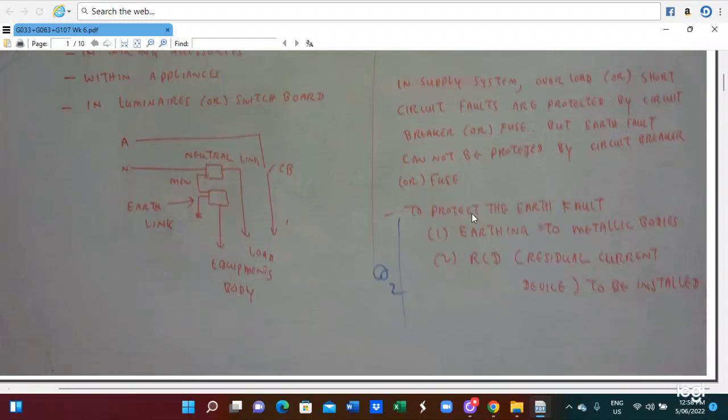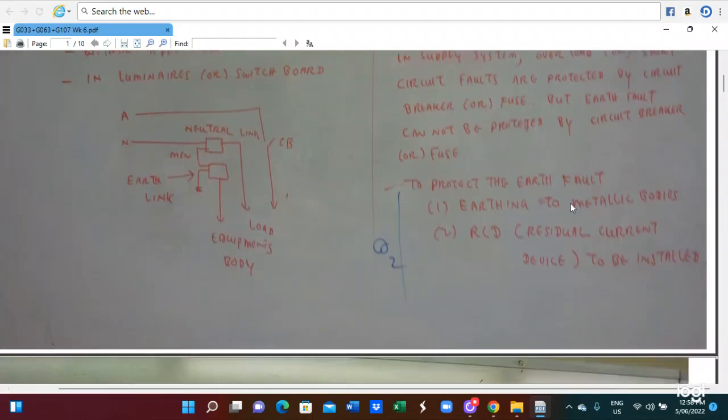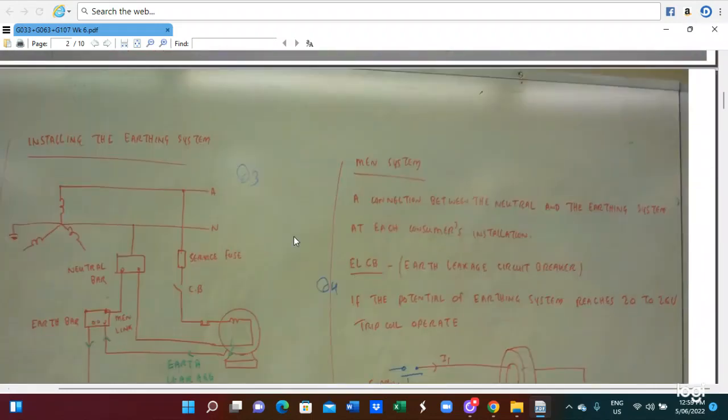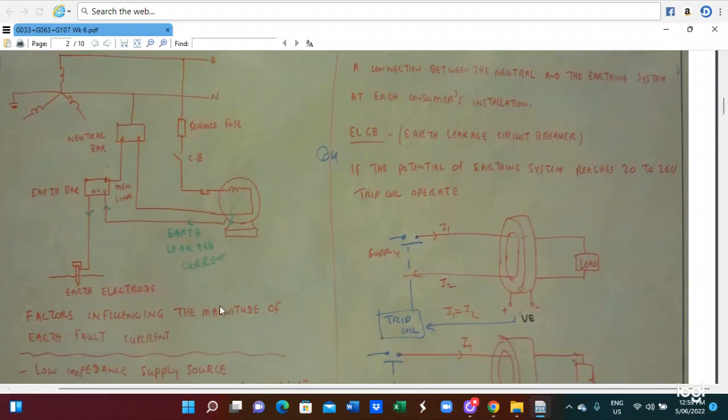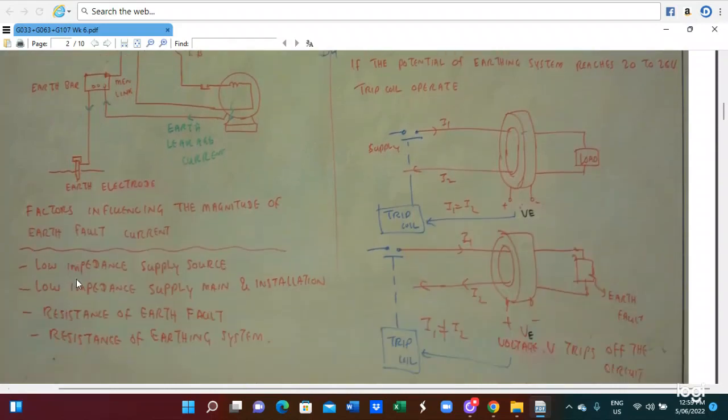In this case, protection of the fault requires metallic bodies to be earthed or RCD residual current devices to be installed. So this is the installation of the earthing system. Three-phase system, neutral bar, earth bar, this is the equipment body. In this case, a factor influencing the magnitude of the fault current depends on the low impedance of the supply, main installation, resistance of output, and resistance of the earthing system.